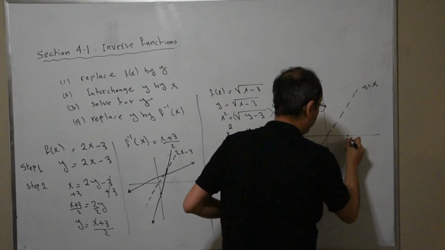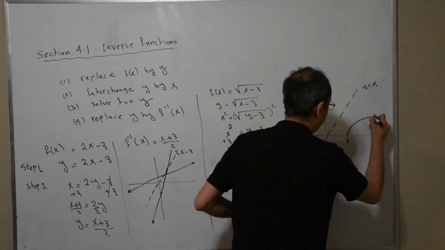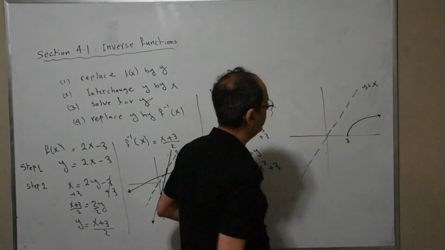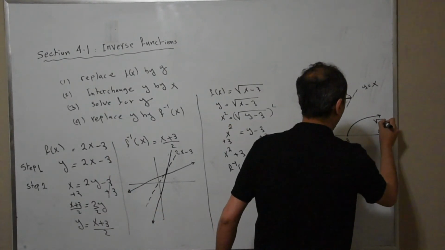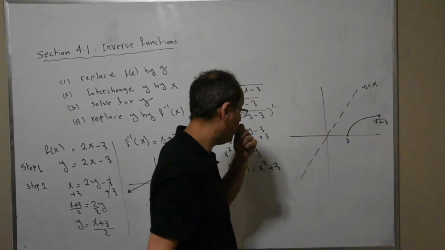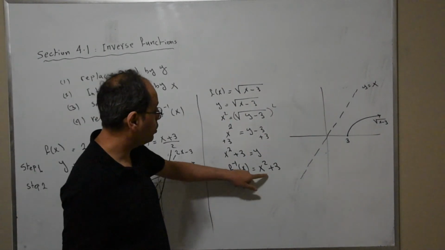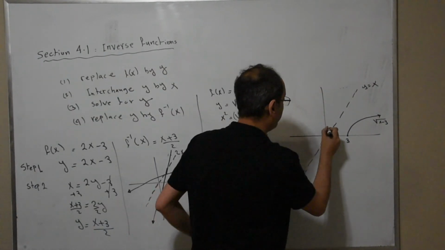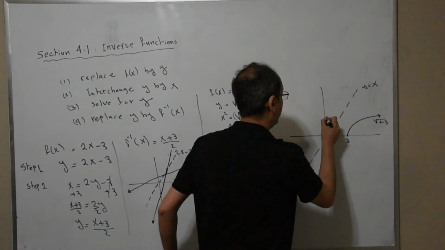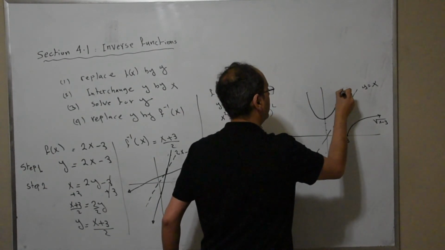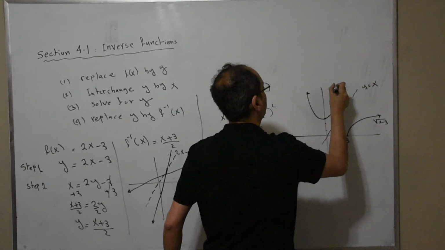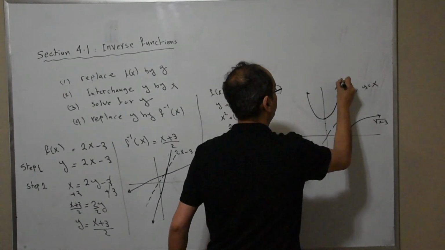So here is 3, and that must be this way. So this is root x minus 3. Now the second one is x squared plus 3. So I'm going to go here, 1, 2, 3, and that would be x squared plus 3.